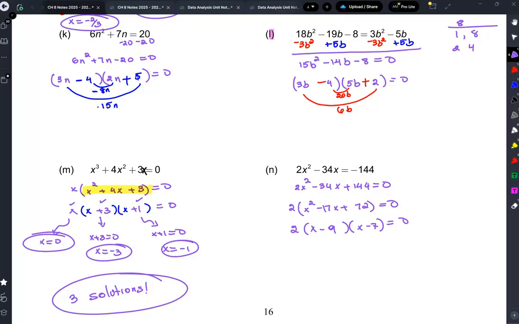Because 9 and 8 multiply to 72, but they add to 17. Okay? All right, so then you have homework for this, and the homework for this is called factoring. It's not the 8-point worksheets.